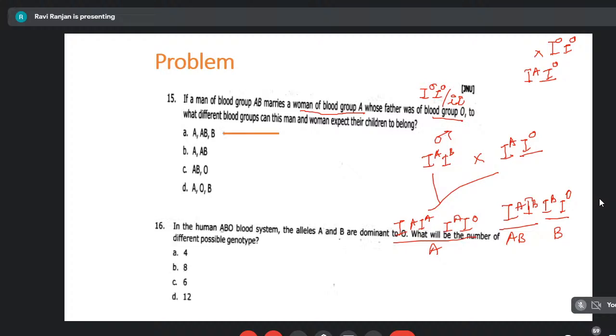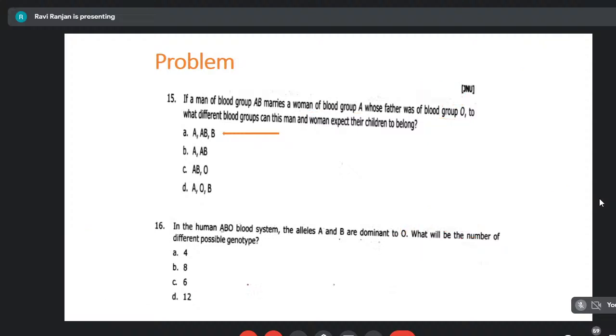Now going to the second question. The second question is, in the human ABO blood system, the alleles A and B are dominant to O. What will be the number of different possible genotypes? So you have A, B, and O alleles.